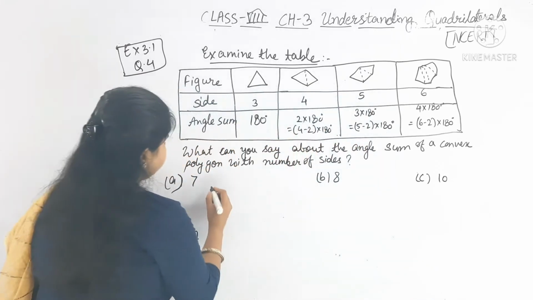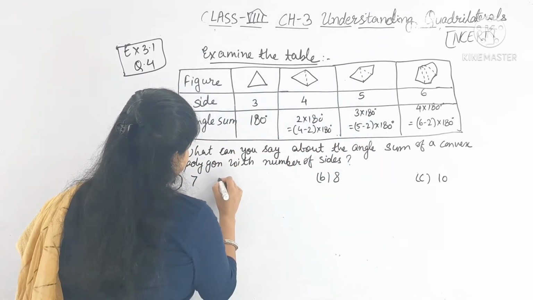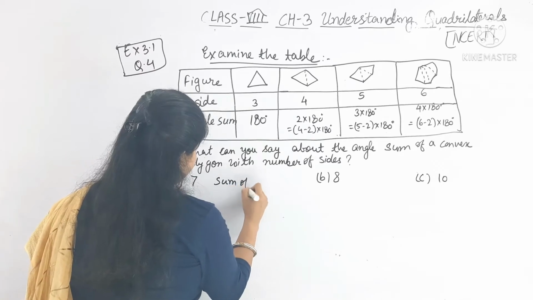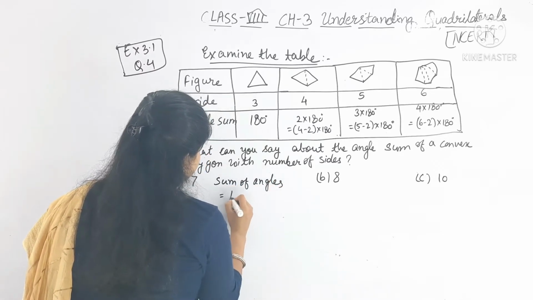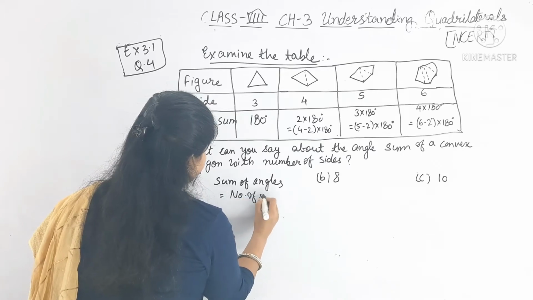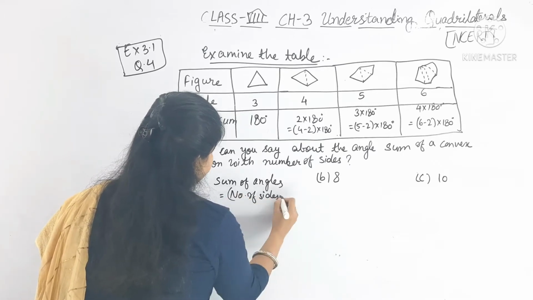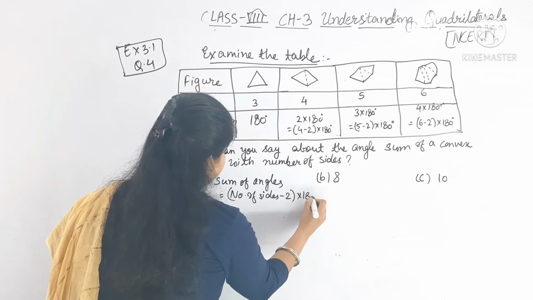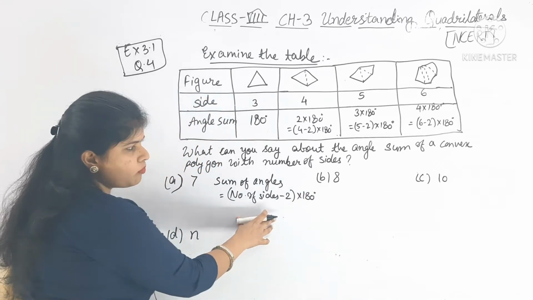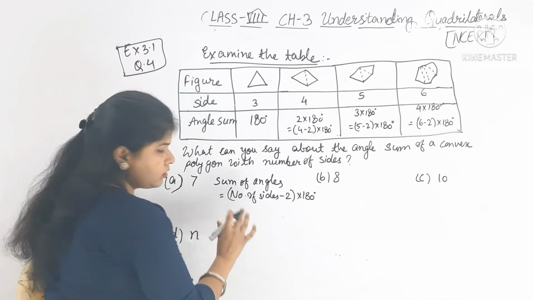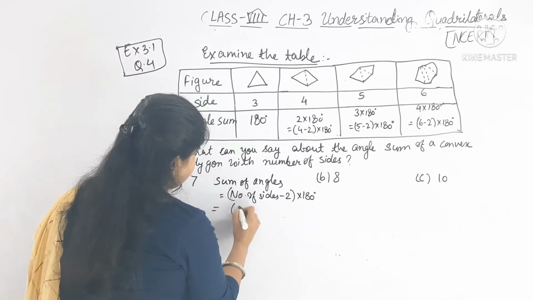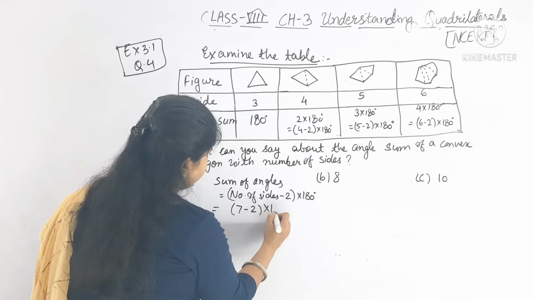Okay, for that, the sum of the angles is equal to number of sides minus 2 into 180 degree. You have to write this formula in all of them. Okay, I am writing for only one. 7 minus 2 into 180 degree.